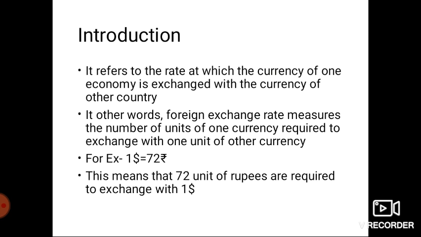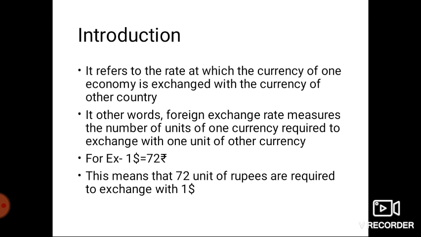After the gold standard, which you might have heard about in class 10, when the gold standard was abandoned in 1944, the American dollar was authorized instead of gold. So what have you learned? American currency has more value than the Indian rupee?